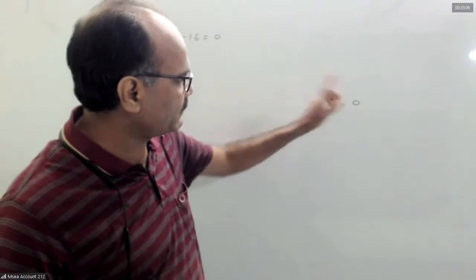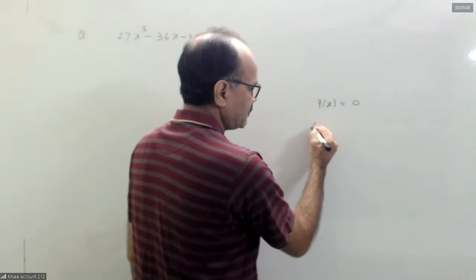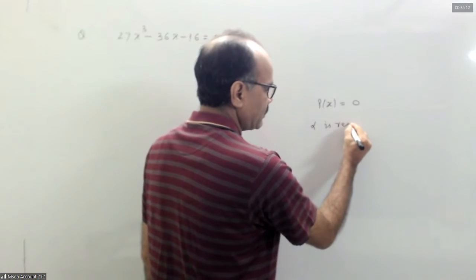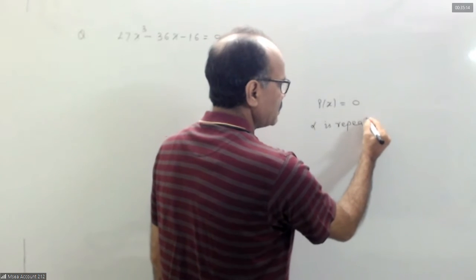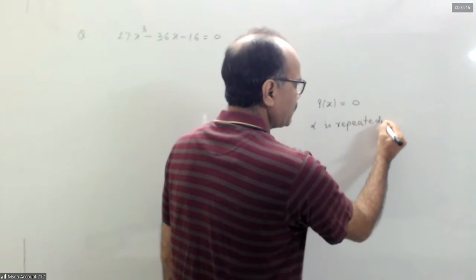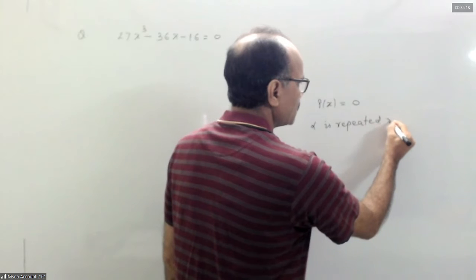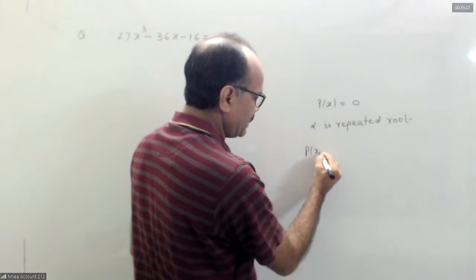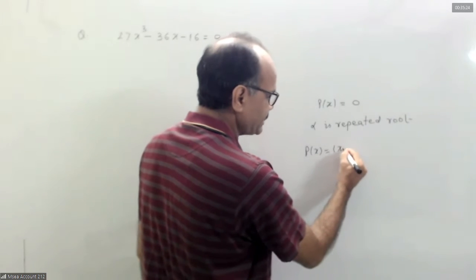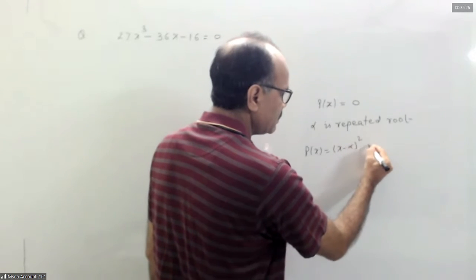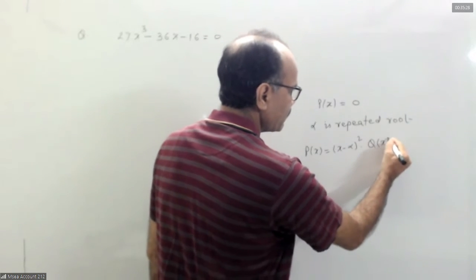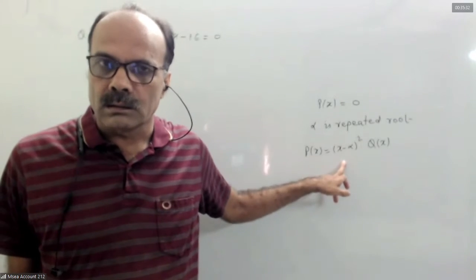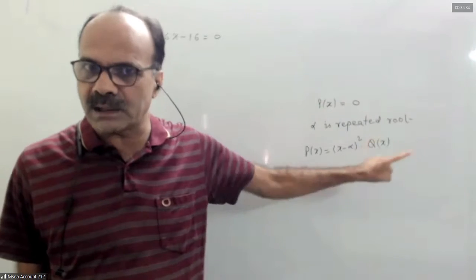I am repeating yesterday's thing. What is the meaning of repeated root? (x minus alpha) whole square is a factor. The definition of repeated root is this.